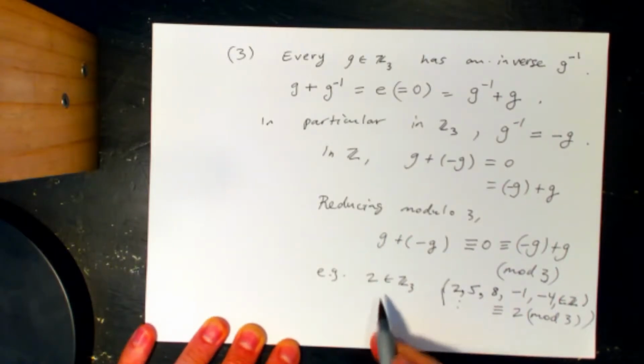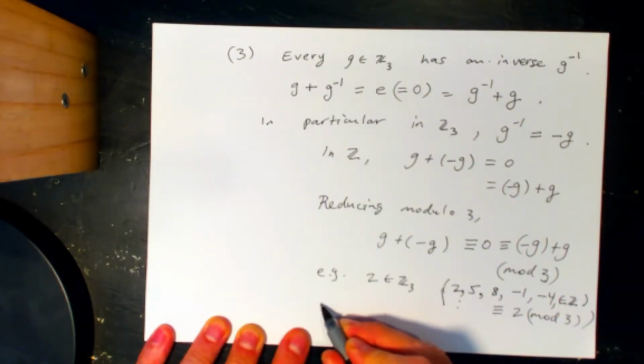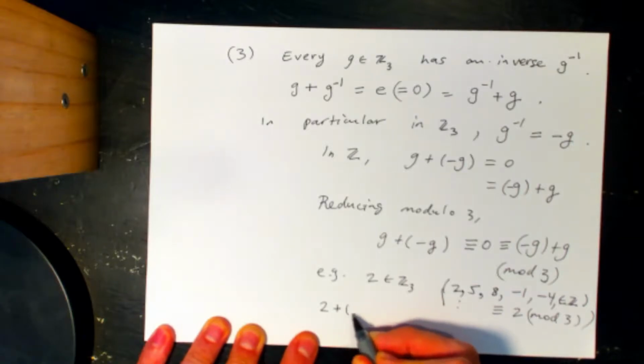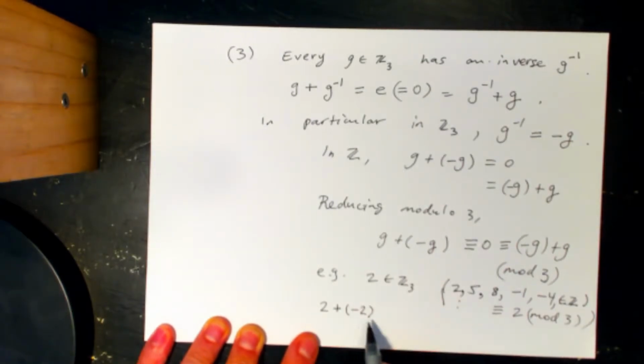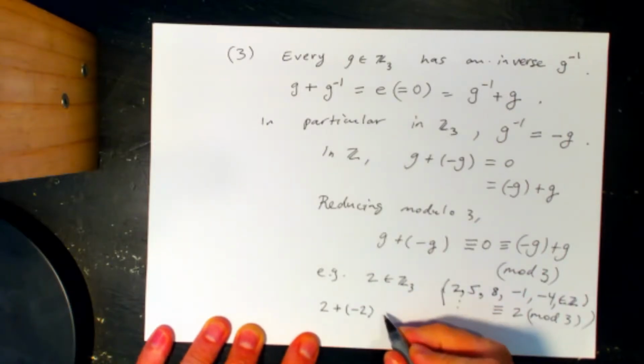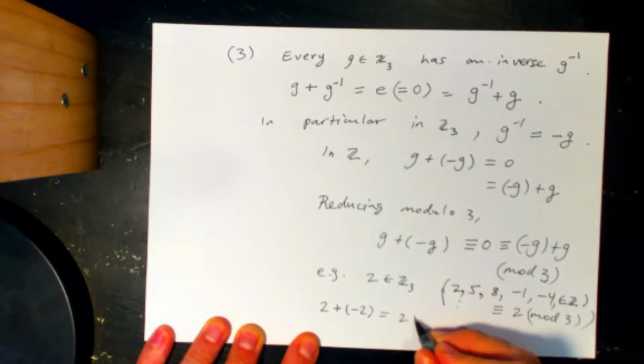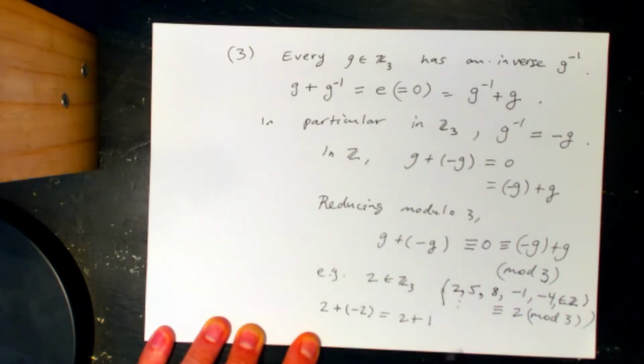Okay, now let's find the inverse. So 2 plus minus 2. Now minus 2, what's the remainder of minus 2 mod 3? So this is 2 plus 1, because if we add 3 to this minus 2, we have 1. But now notice 2 plus 1 is equal to 3, which is congruent to 0 modulo 3, because 3 divides into 3.